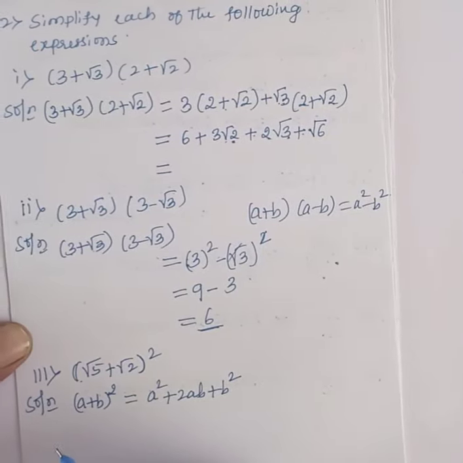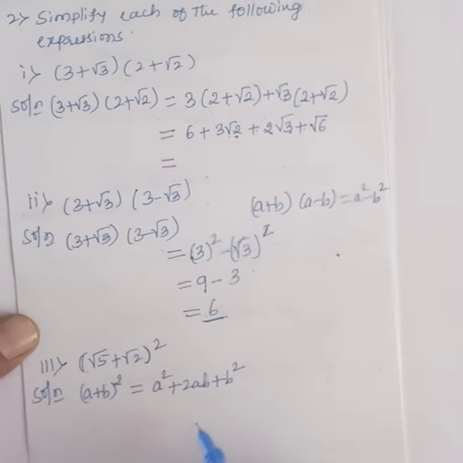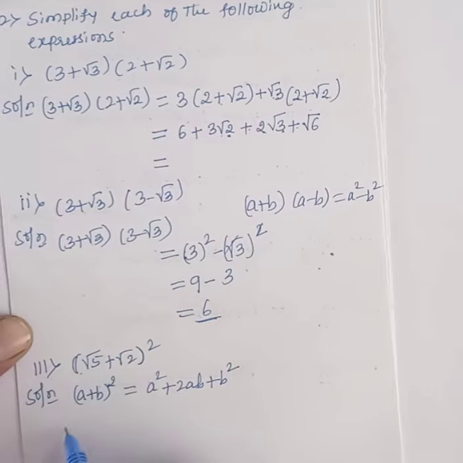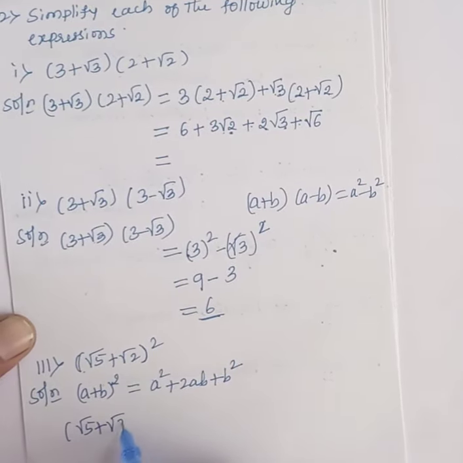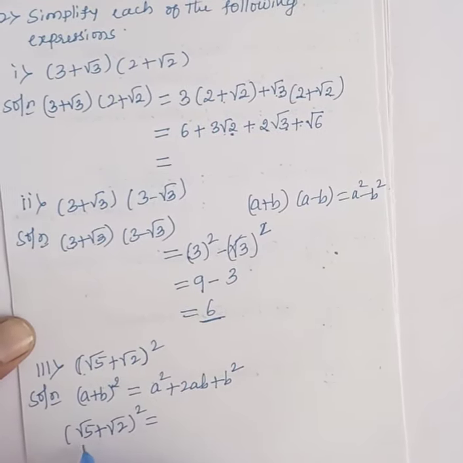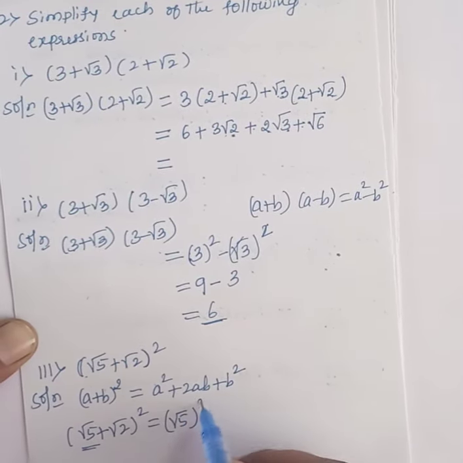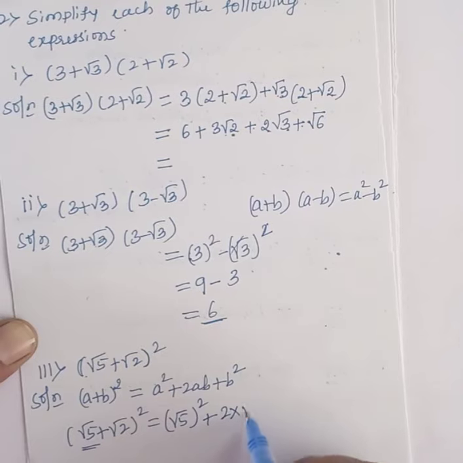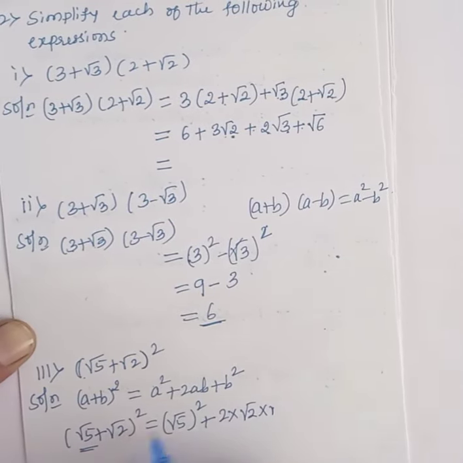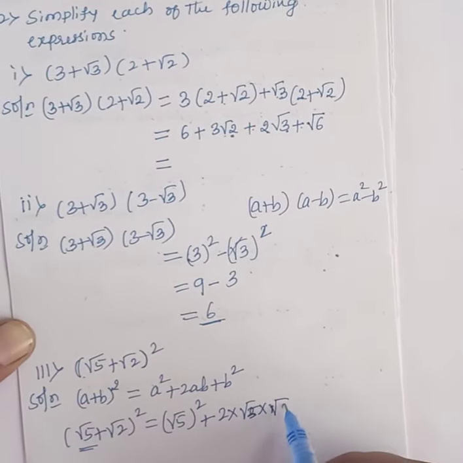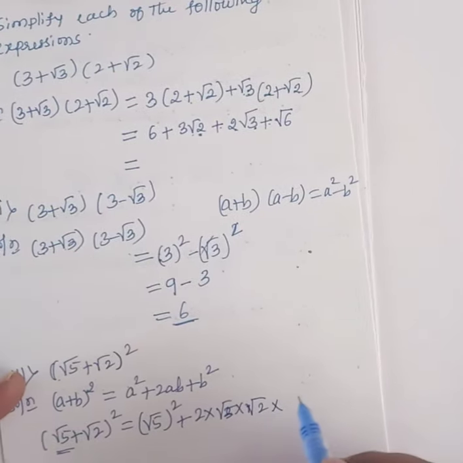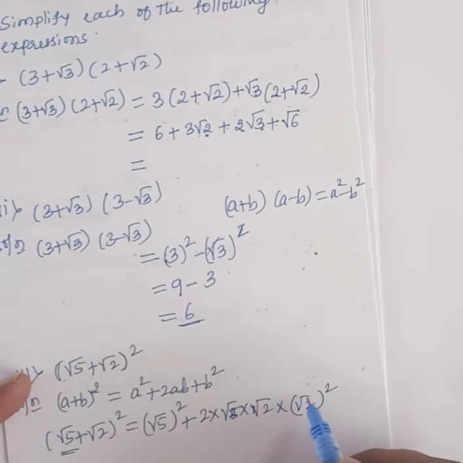So already you know this one, already you learnt this one, how to simplify. So root 5 plus root 2 whole square is equal to a square, here a is root 5, b is root 2, root 5 whole square plus 2 into root 5 into root 2 plus b square is root 2 whole square.